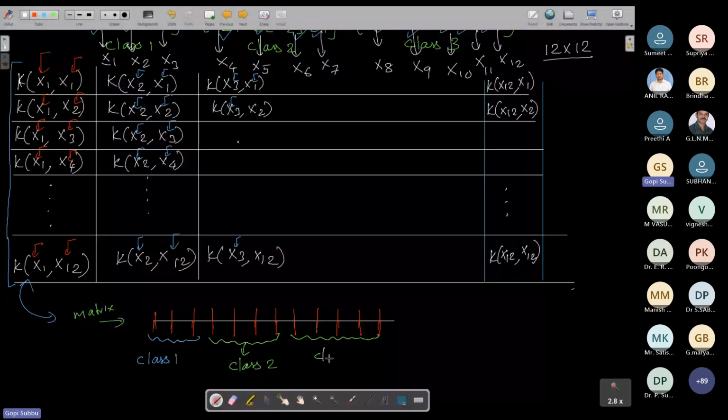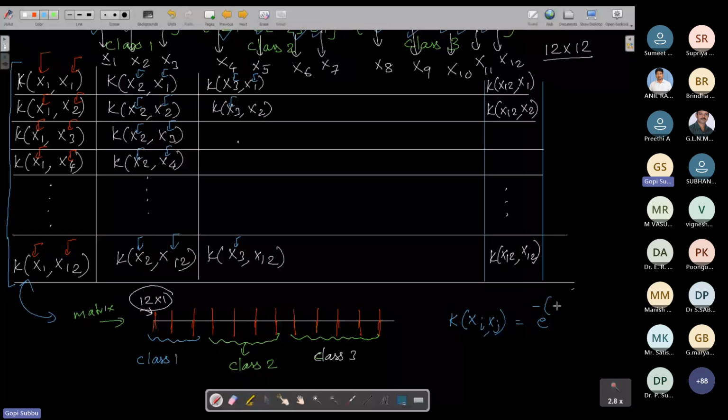So now each vector here is of size 12 cross 1. Originally it could be any size, but now it is 12 cross 1 after computing this kernel function. Okay, so what is that kernel function? Before we continue, I will give you the kernel function expression K(xi, xj). There are many kernel functions available. One of the popular ones is the Gaussian kernel function.